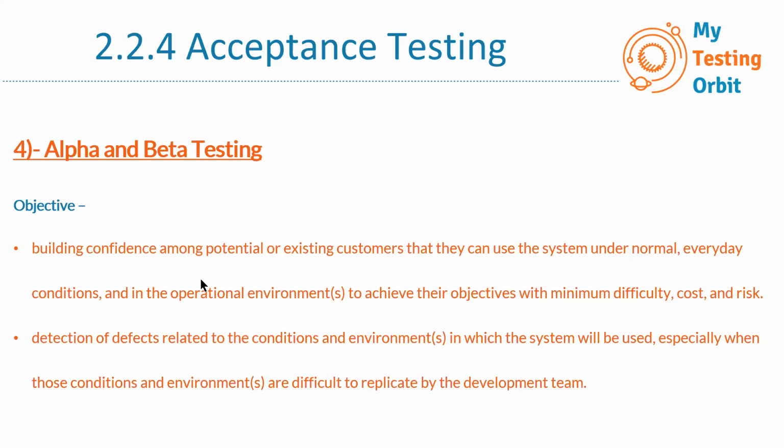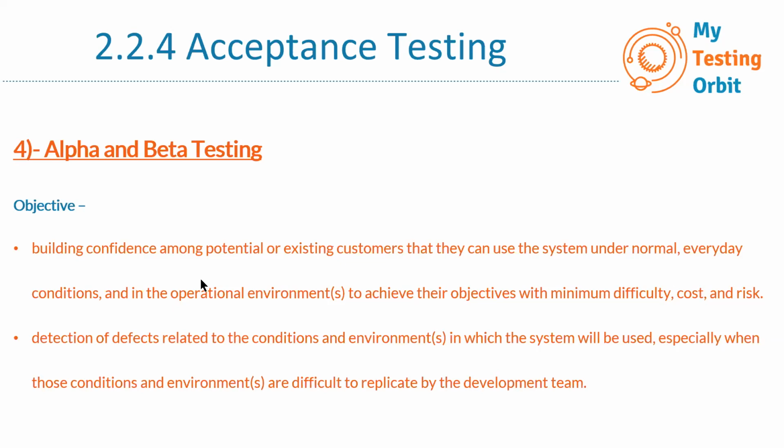That's why this has to fall under OAT, which means it takes care of all the operational aspects, making sure that the operation of a system is working as per the requirements. The same is with disaster recovery, business continuity testing.